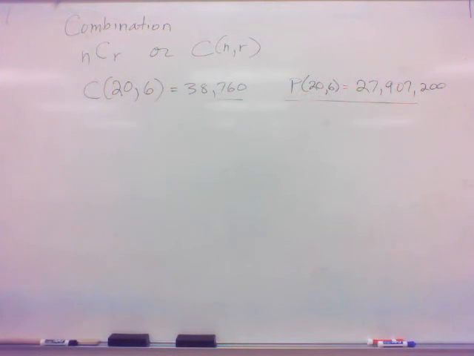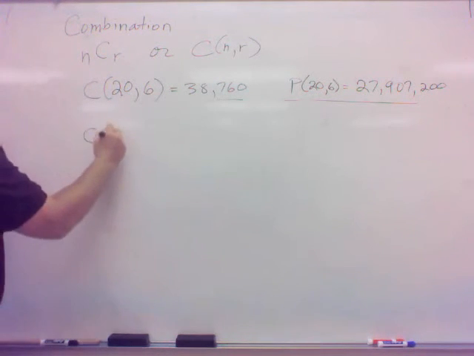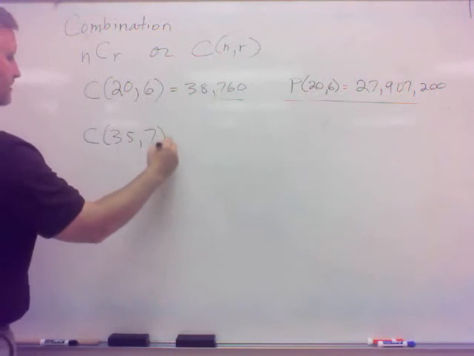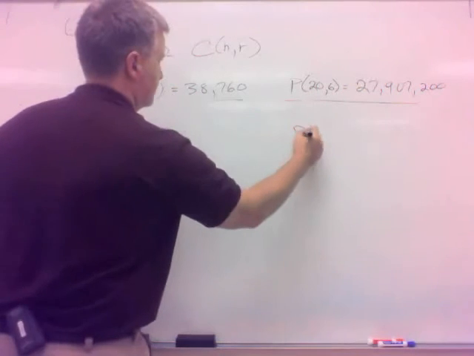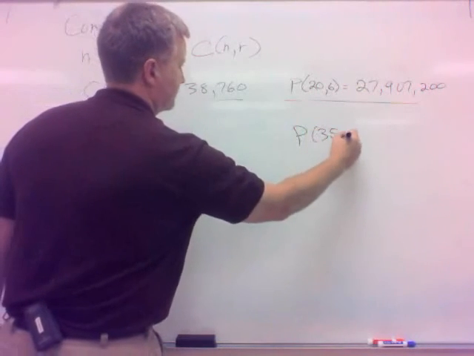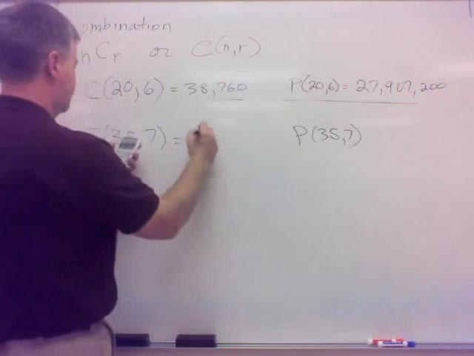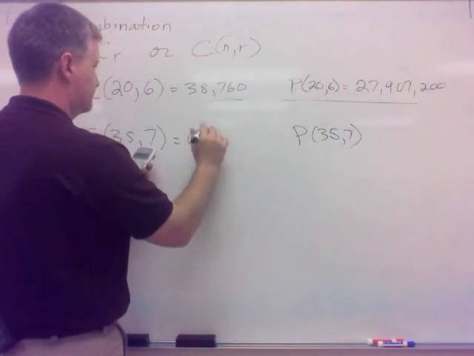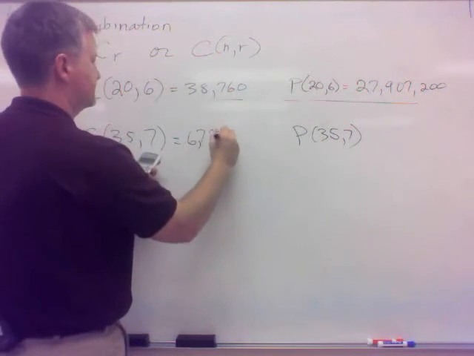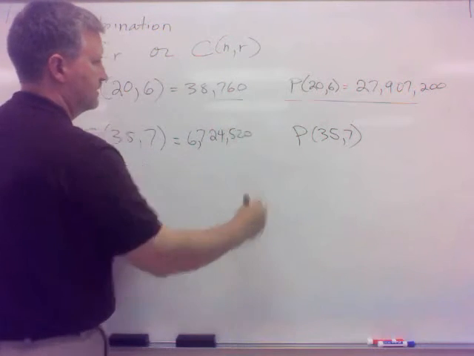Okay, but let me do one more comparison, see if you got it. All right, so see what you get, combination 35-7 and permutation 35-7, because I wanted to make a point there. The combination 35-7 is a pretty big number, 6,724,520.